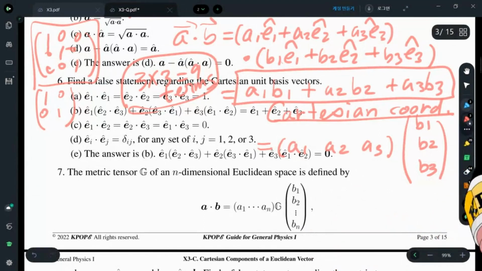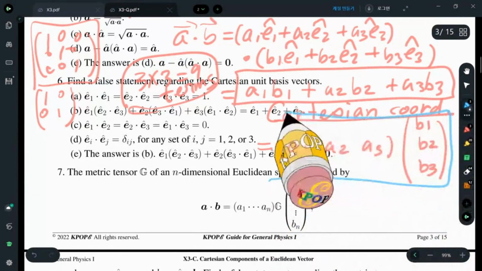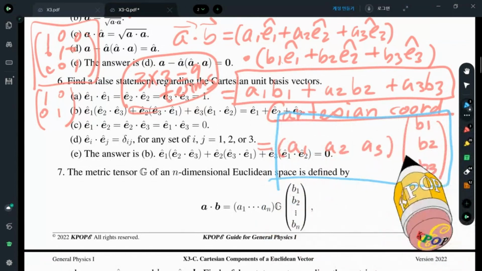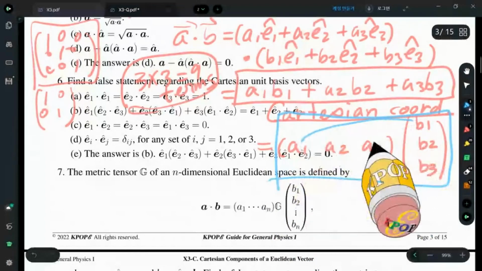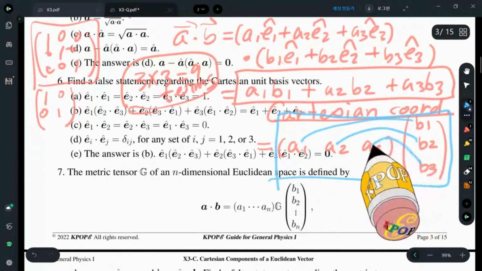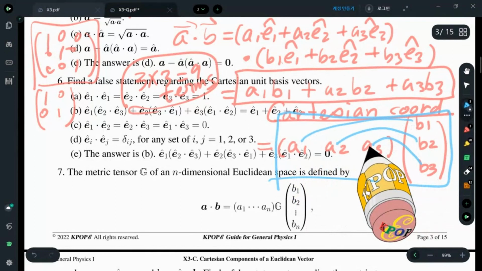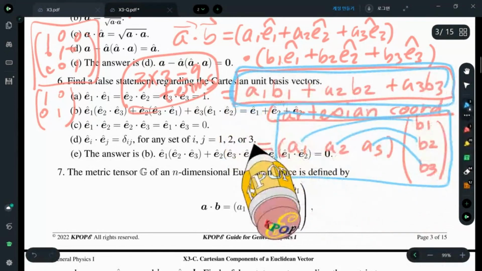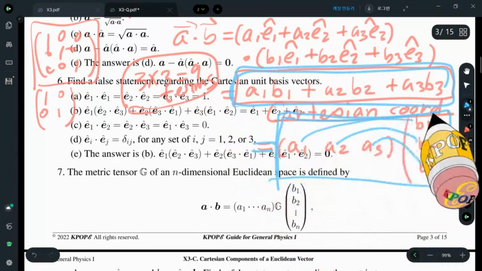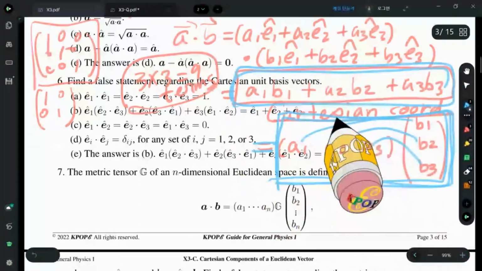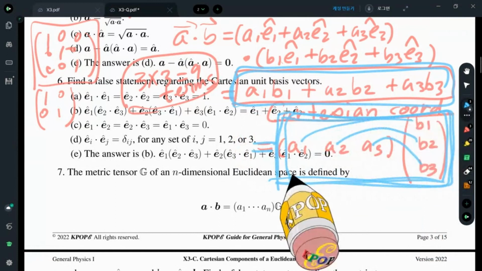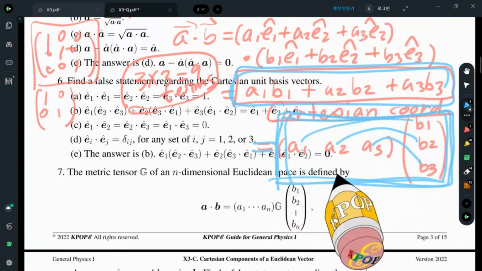And just memorize: we promise to say this means multiply these two, multiply these two, multiply these two, and add them up. This expression is written in this form. This is just vocabulary. You don't have to understand, just memorize.